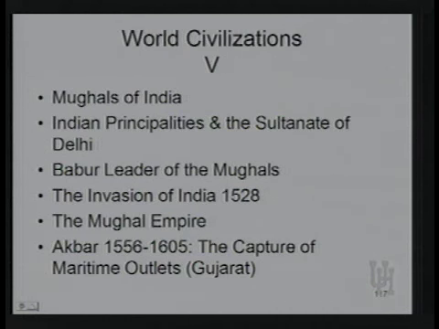There had been a couple, but they hadn't lasted that long, nor had they been that extensive. The Mughals would be the exception to that. Before their coming, India was largely dominated by a vast array of smaller principalities, and the one significant state in the north was the Sultanate of Delhi.